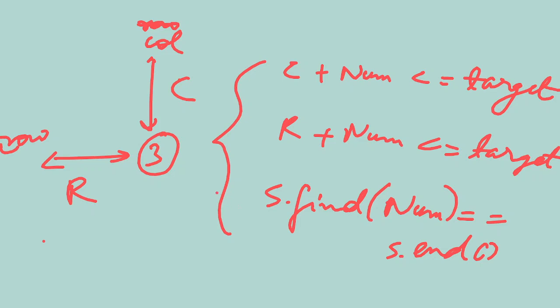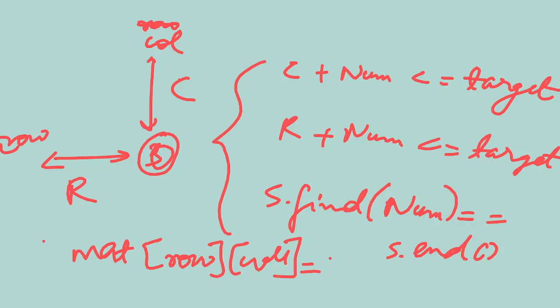Once I have inserted that element, I'm going to change the element at that position. Initially the value was 0, but now I have found that the element 3 can be inserted at this position, so I'm simply going to rewrite the value as num, and I'm going to call for the next column.